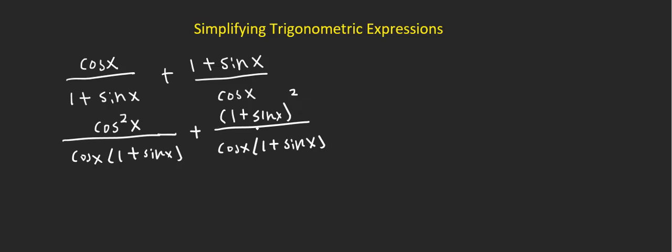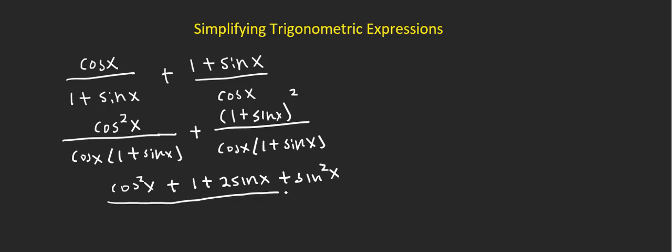Now, do you remember what we did earlier? We have to expand this. So as a result, you get cosine square x plus 1 plus 2 sine x plus sine square x, all over cosine x times the quantity 1 plus sine x. Now, do you remember what cosine square x plus sine square x was? That's right, it was 1.